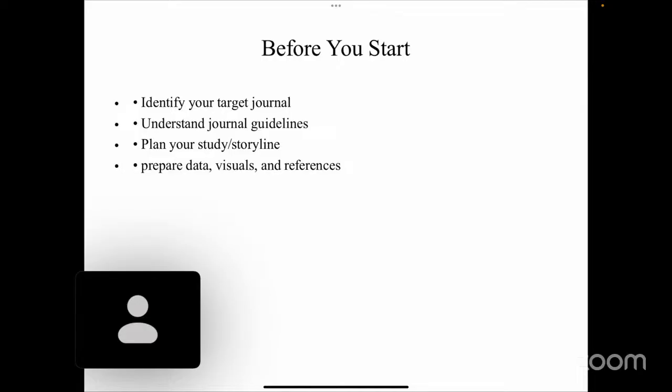Then, after identifying your target journal, understand the journal guidelines, go through them carefully because they differ from one journal to another, and then plan your study and prepare your data, visuals, and references.